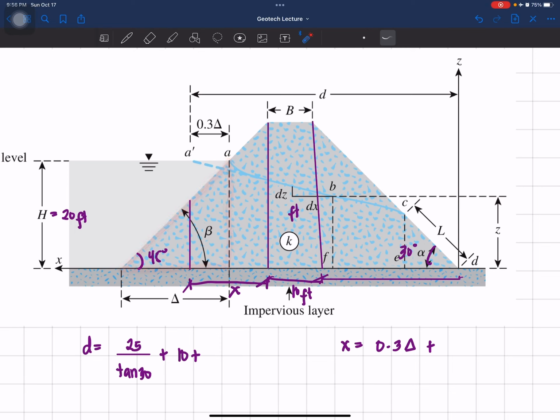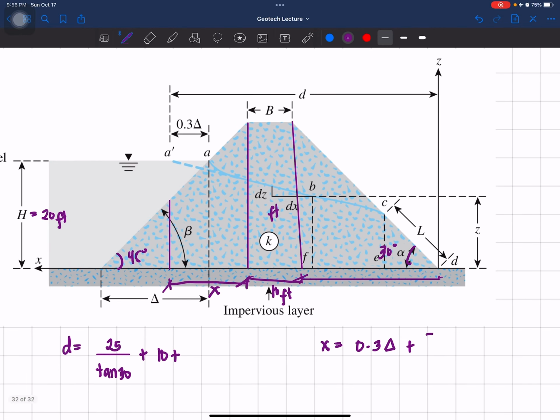Ayan. So, we need to take the difference between the bases of this big triangle as well as this triangle. Okay? So, how are we going to do that? That is just equal to, okay, we have 45 degrees here, and this is actually the height of the dam.